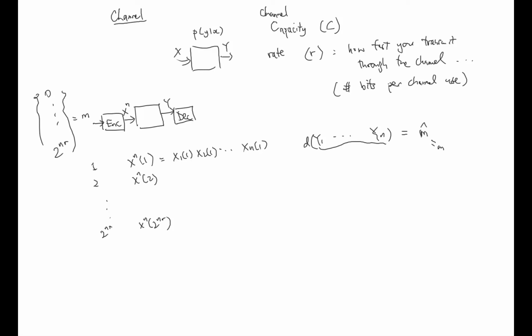So the number of bits for a message of length m will be log 2^(n R_out), and that would be just n R_out bits here. And since I have used n channel uses, the rate is log 2^(n R_out) over n, so n R_out over n is basically just R_out here.